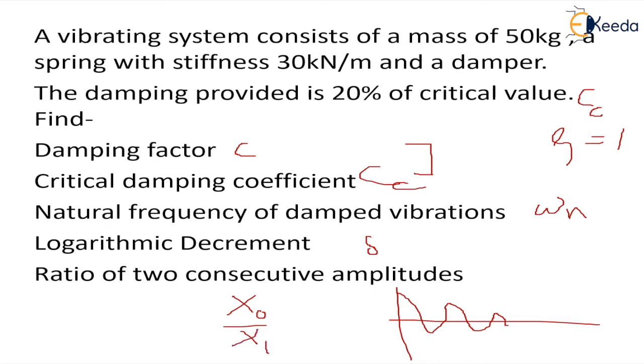So we can take any two amplitudes. And we also know the time taken between any two consecutive amplitudes is denoted by Td, the time taken in the underdamped system from one oscillation to the other.